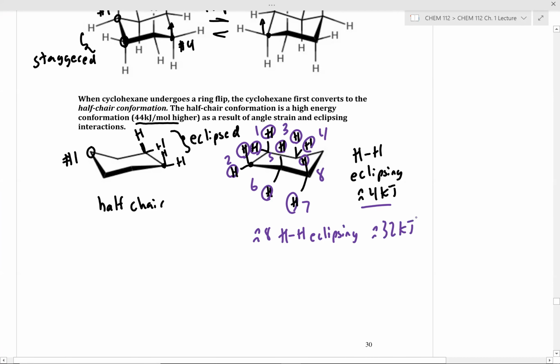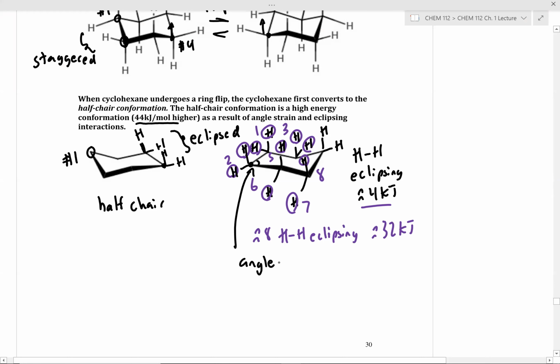If we continue to draw out our hydrogens on this uppermost carbon, they're not quite eclipsed, but one other thing that we need to consider is that when we distort the relative positions of our carbons, we also begin to introduce some angle strain.